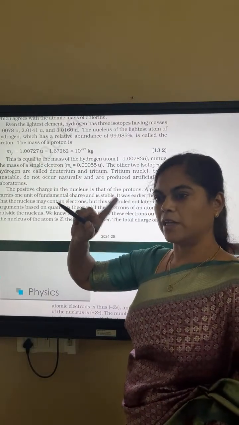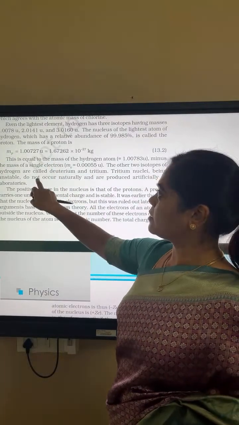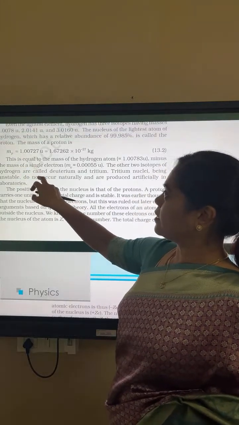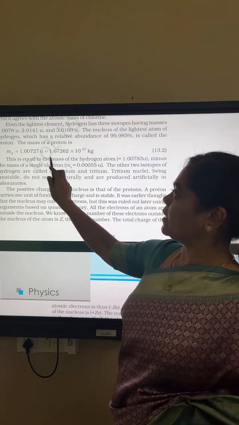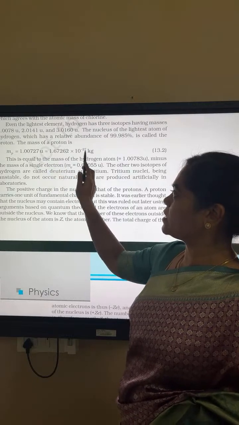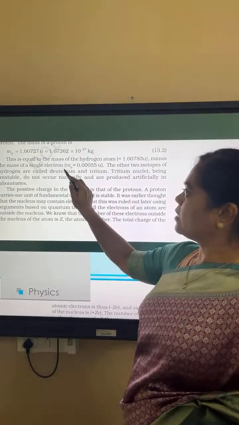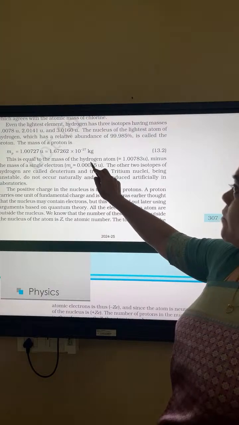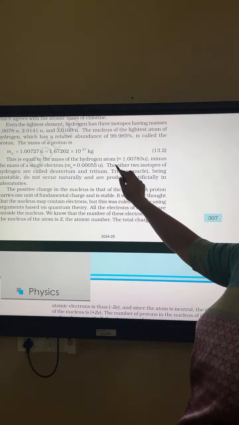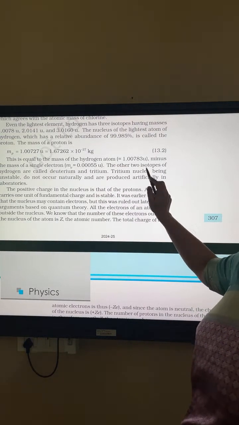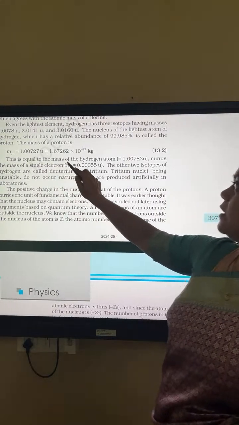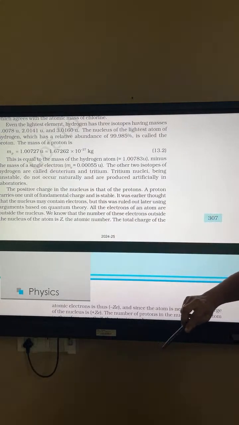First one, 1H1, that is protium, right? We used to say like that. Then, what is the remaining? If this is atomic mass unit, this is in kilogram. Then, this is equal to the mass of the hydrogen atom. If you just subtract the mass of a proton, then the remaining will be 0.00555.